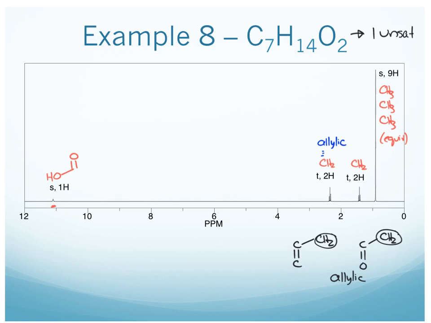So let's see what we've accounted for. Well, with our carboxylic acid, that double bond O, that takes care of our one unsaturation. Also, the carboxylic acid takes care of our 2 oxygens. We've accounted for 1, 2, 3, 4, 5, 6, 7, 8, 9, 10, 11, 12, 13, 14 hydrogen.